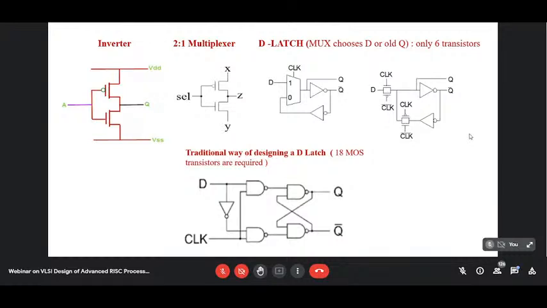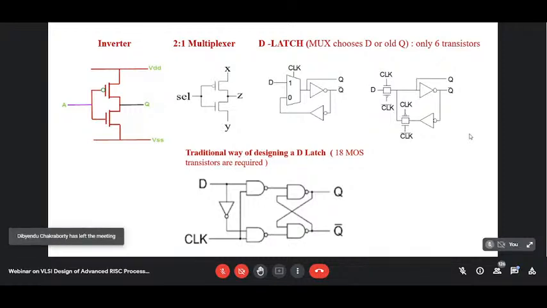So when the clock is going high, then whatever is there in the D will be at the output of the mux. This clock is connected to the select line of the mux. Let's say when it is 1, the upper input will go to the output, and when it is 0, the lower input will go to the output.